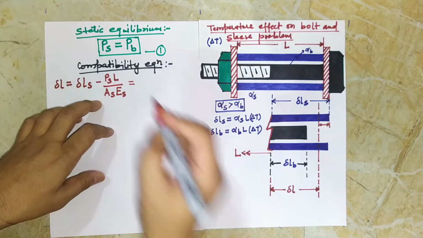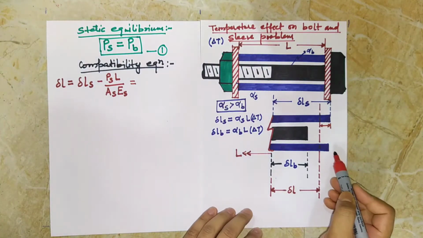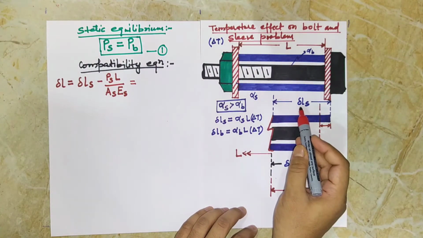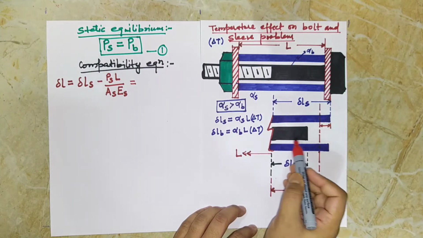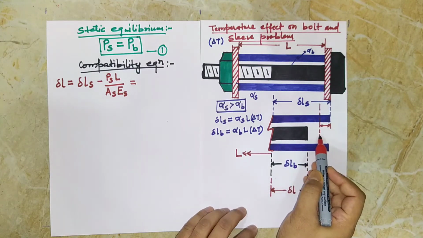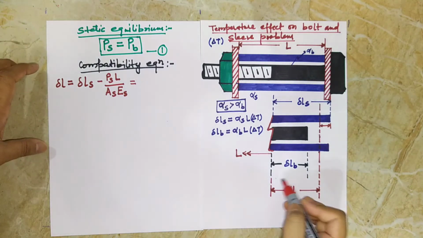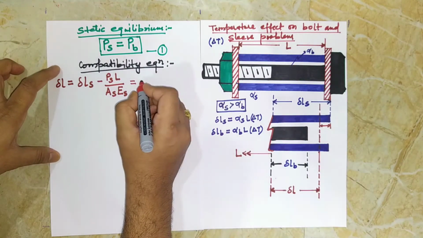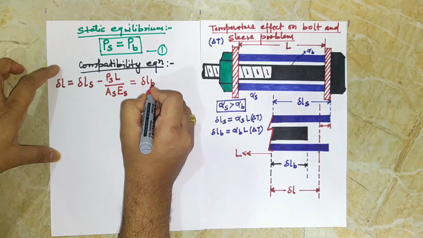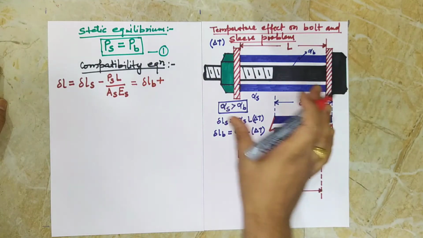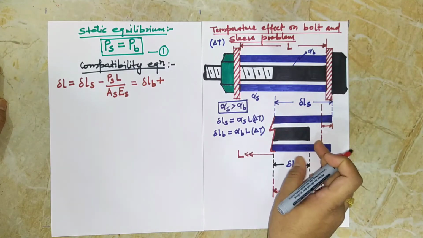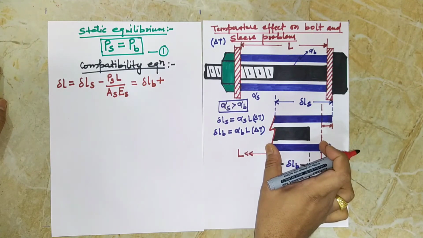Again, we can see that when the sleeve is brought to this condition, wherein del Ls minus this, this bolt also has to be stretched to reach this position. So del L will be equal to del Lb, that is, change in length of bolt due to free expansion, plus, see, because they both have to expand together, this bolt has to be stretched to reach this point.